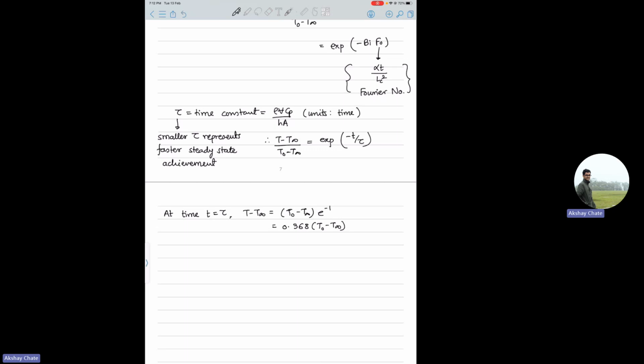Typically, we treat it as a spherical shape, and its dimension is very small. So if you calculate the Biot number, it will be less than 1. So the thermocouple is the classic case where you apply lumped analysis.